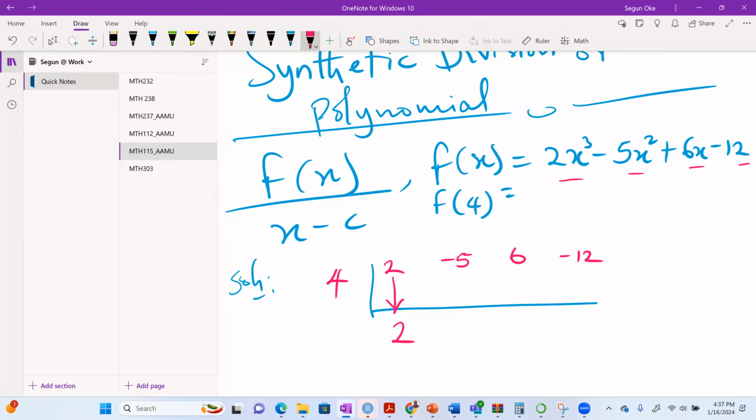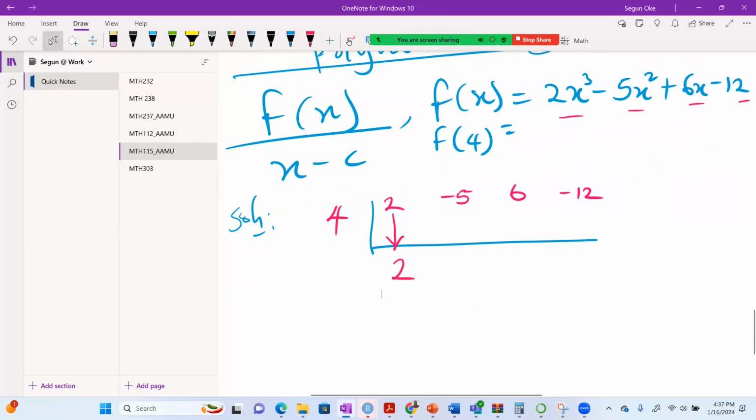After you put this one down, all you need to do is multiply it by 4. 2 multiplied by 4, you have 8. Put it here, then add these two together. -5 plus 8, what do you have?